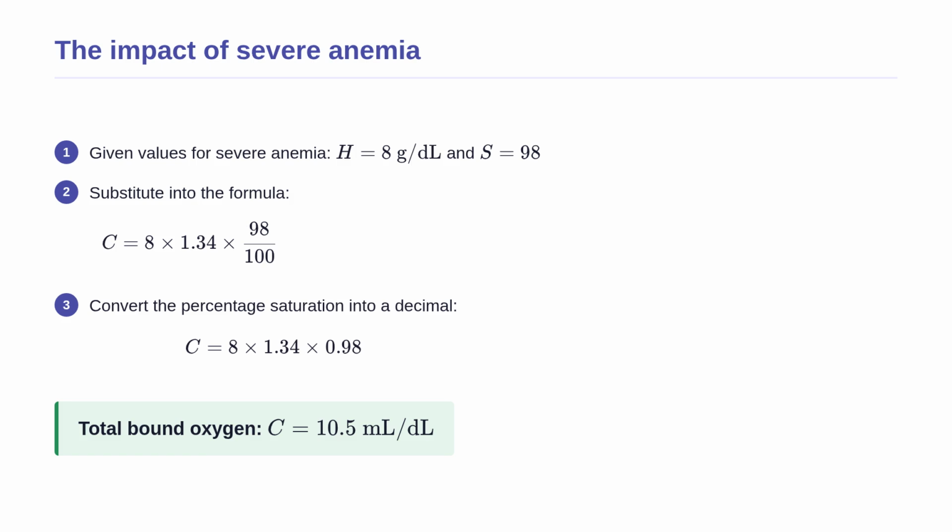First, we convert the 98% saturation into a decimal, giving us 0.98. We then multiply her low hemoglobin level of 8 by 1.34 and then by 0.98. The final answer is 10.5 milliliters per deciliter. Her blood is carrying only about half the normal amount of oxygen, which perfectly explains her severe fatigue.